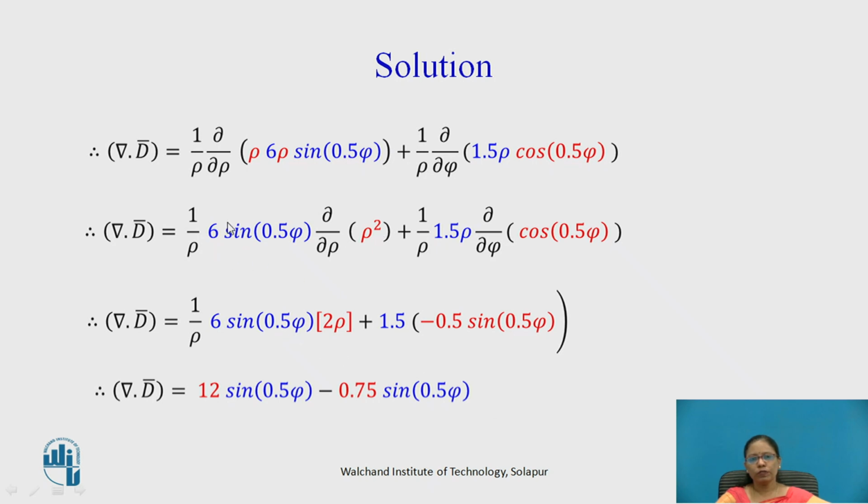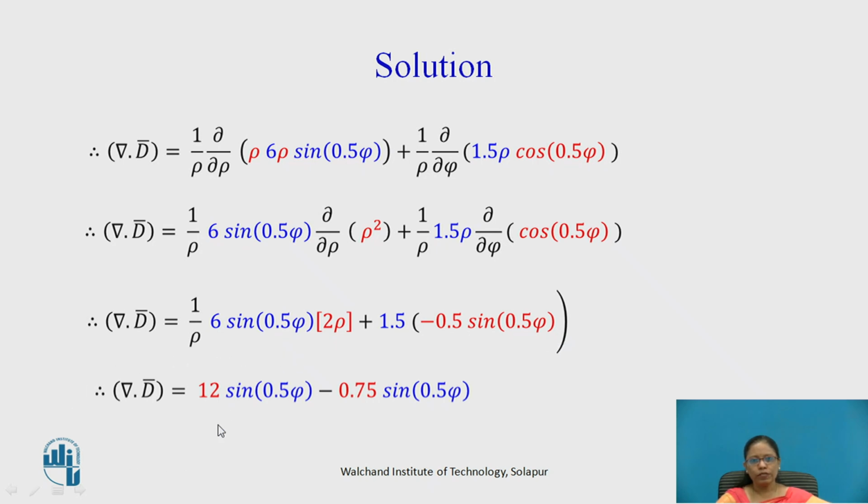Now simply solving it further, you can see here 6 and sine 0.5 phi are constant and can be taken outside the derivative. So inside the derivative, that is dou by dou rho, we have rho square. Again, the blue one is shown as a constant, which is 1.5 rho, can be taken outside, and dou by dou rho is with respect to cos 0.5 phi. When I simplify it further, dou by dou rho of rho square is 2 rho, whereas the derivative of cos 0.5 phi is minus 0.5 sine 0.5 phi.